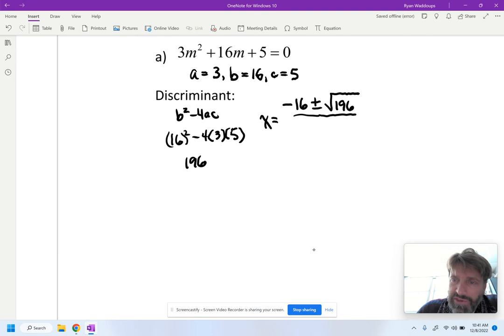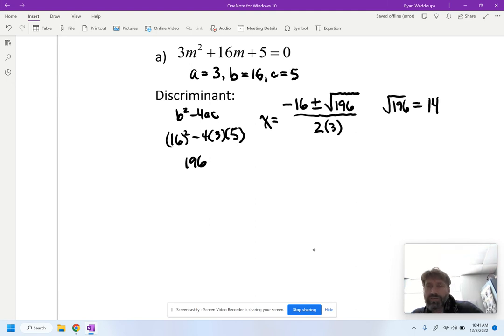And this is all over 2 times a, and a is 3, so that's 2 times 3. Well, the square root of 196 is equal to 14. It doesn't always come out that nice and neat. If we need to simplify it, then we will, making a simplified radical like we have done in prior units.